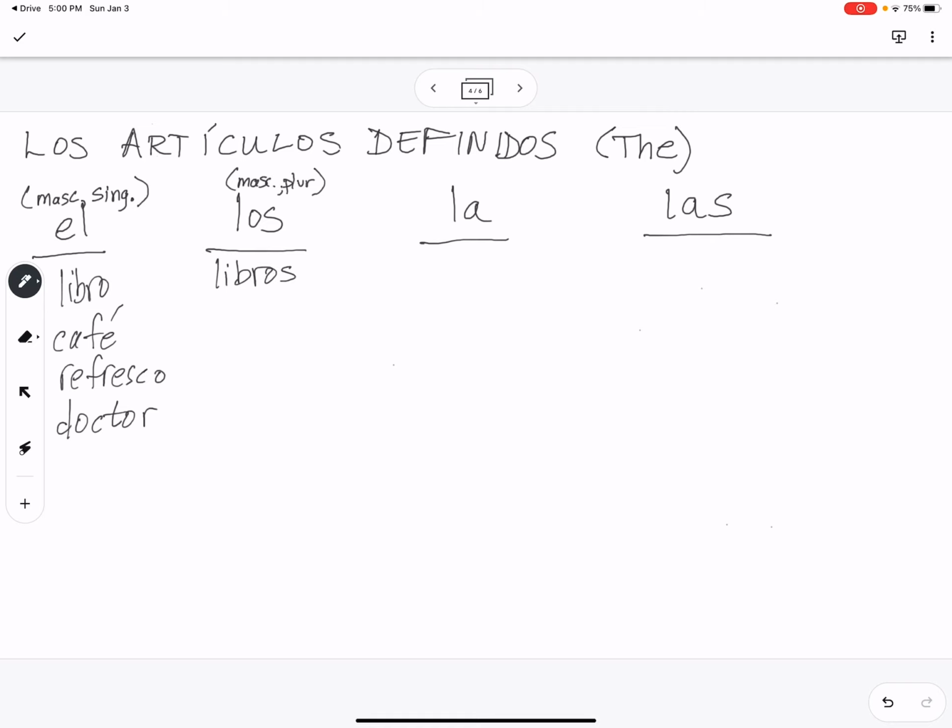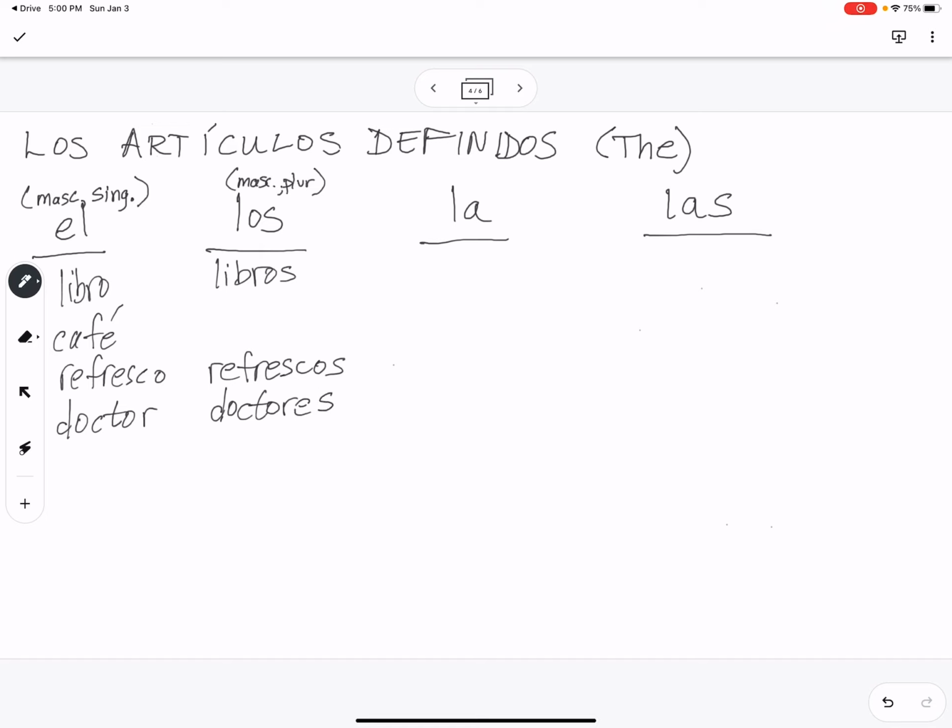If we want to say "the sodas," the soft drinks, we say los refrescos. If we want to say "the doctors," notice what I'm going to do here. With libros and refrescos, I just added an S because they had O's in front of them. O's are vowels. Los doctores.